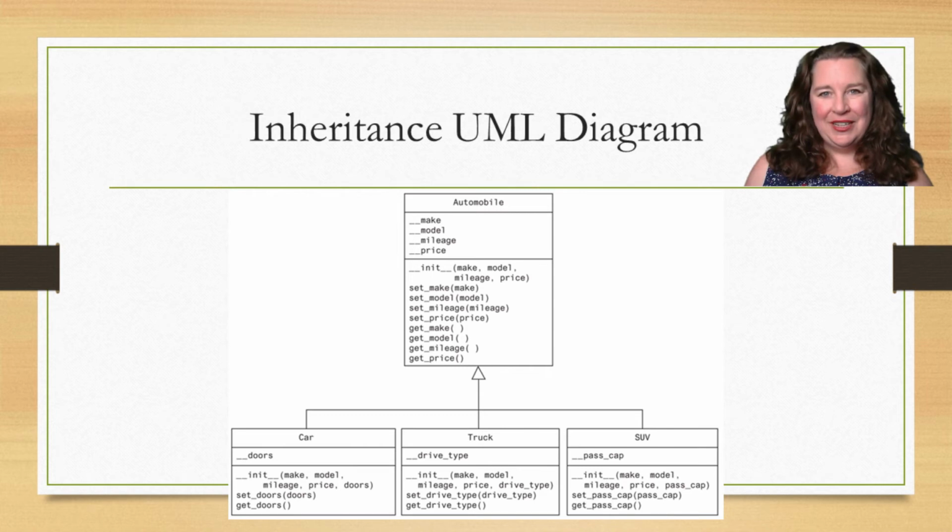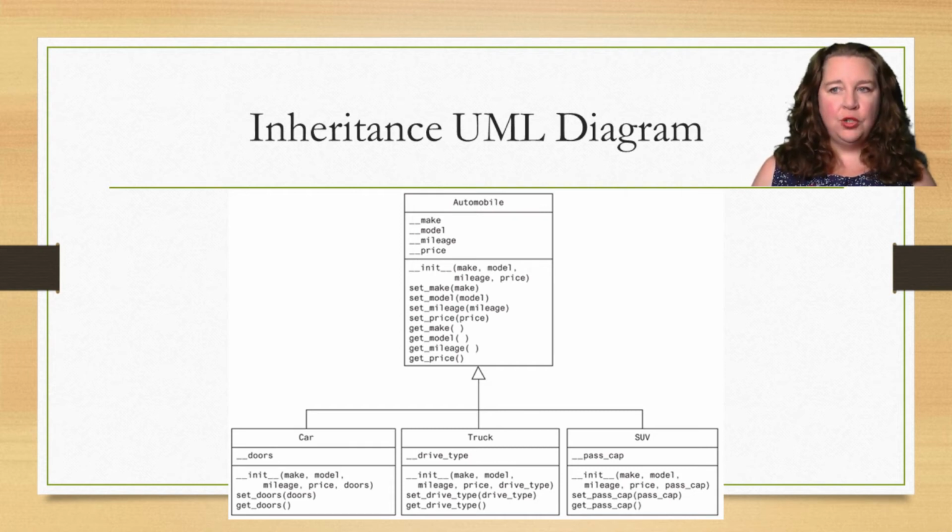In the subclasses or the child classes, you want to include just the methods and the attributes that are associated with that class. Which ones are you creating in that class? Because in this case, you are going to be just having the doors or the drive type or the passenger capacity in those subclasses, but you don't need to re-add the make, model, mileage, and price because those are assumed. They came from your superclass.